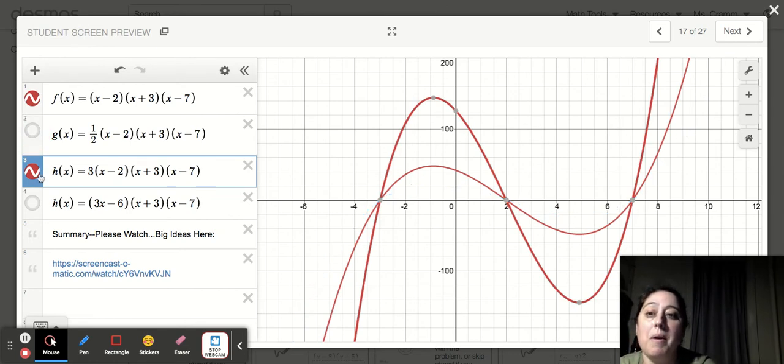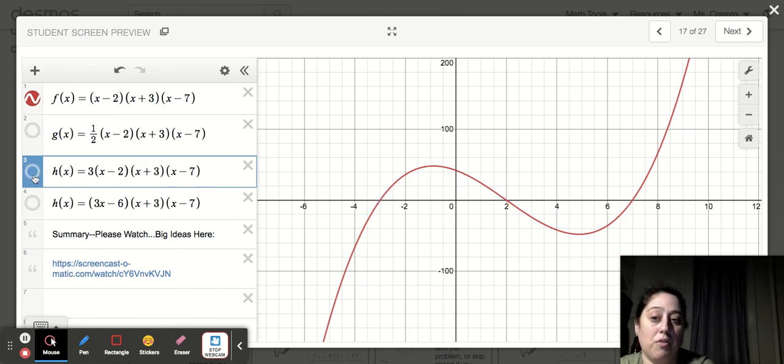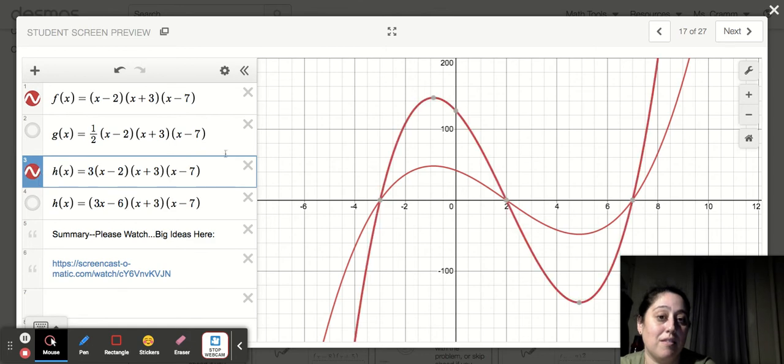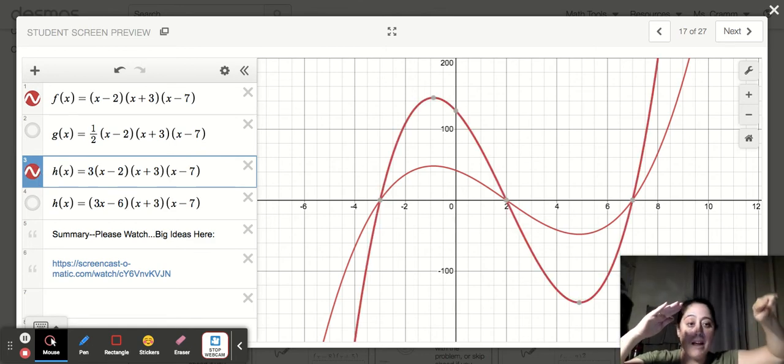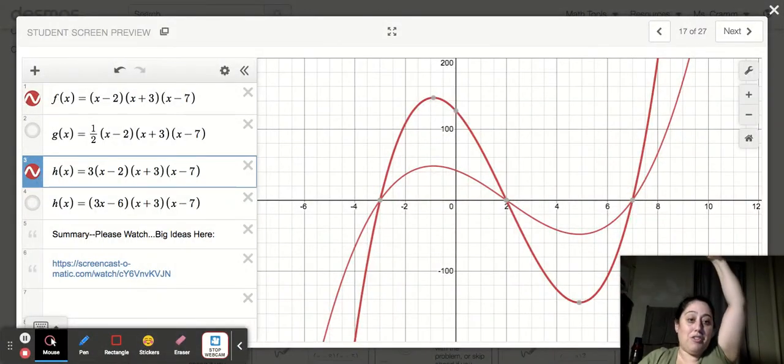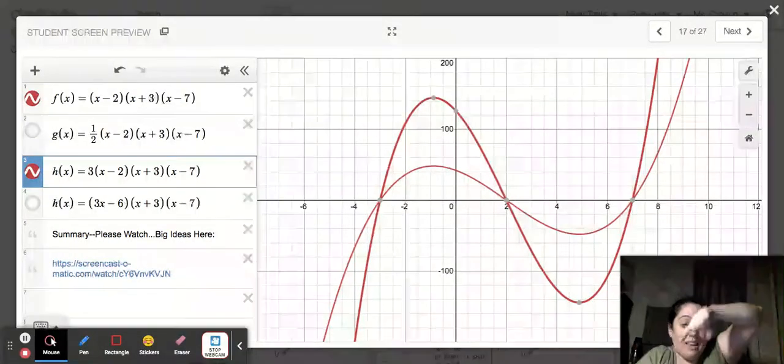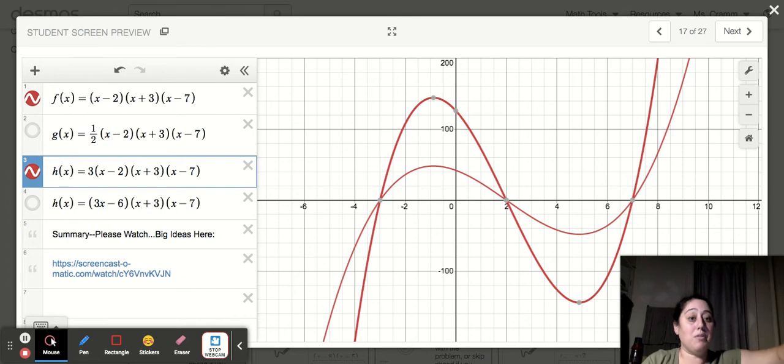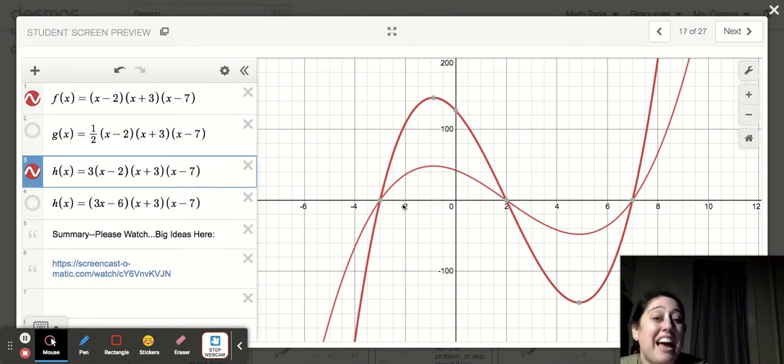All right, so remember, this is your original. And when I put this factor of 3 in front, instead of having it be a little bit more mellow, right? It kind of stretched it up like this, it's a higher peak and it goes down lower, right? So it's interesting to know, again, the x-intercepts did not change.